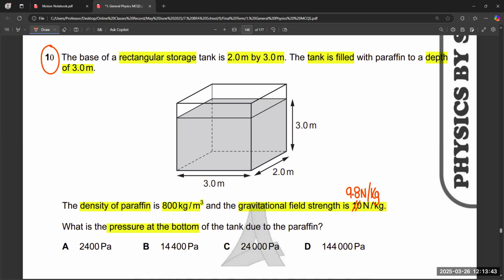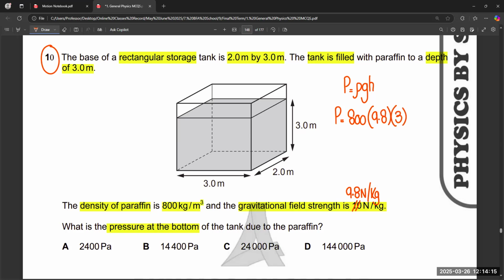So we have to apply the same formula, rho g h, to find out the pressure in the liquid again. So the formula is, the value of density is 800 and the height is 3 meters.